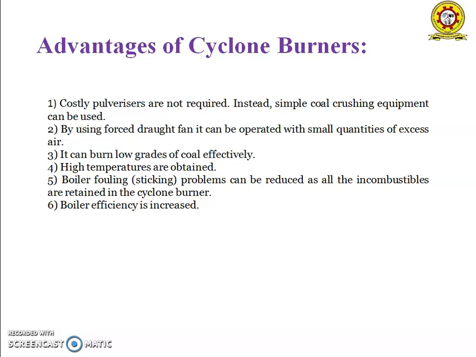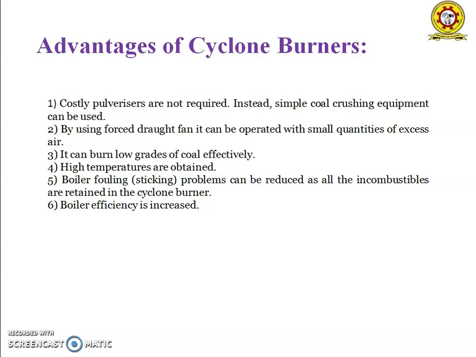Proper mixing of gas and air can be ensured by introducing the gas into the airflow in the form of thin jets of high pressure. Because of good mixing, the excess air required for combustion is less.